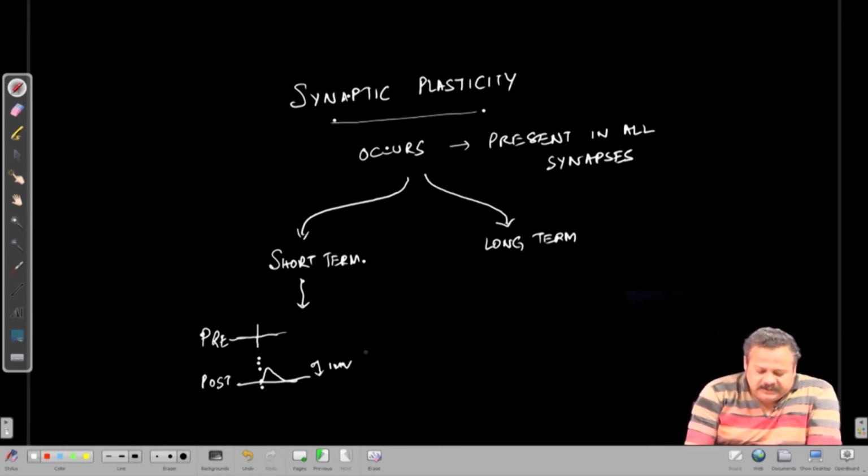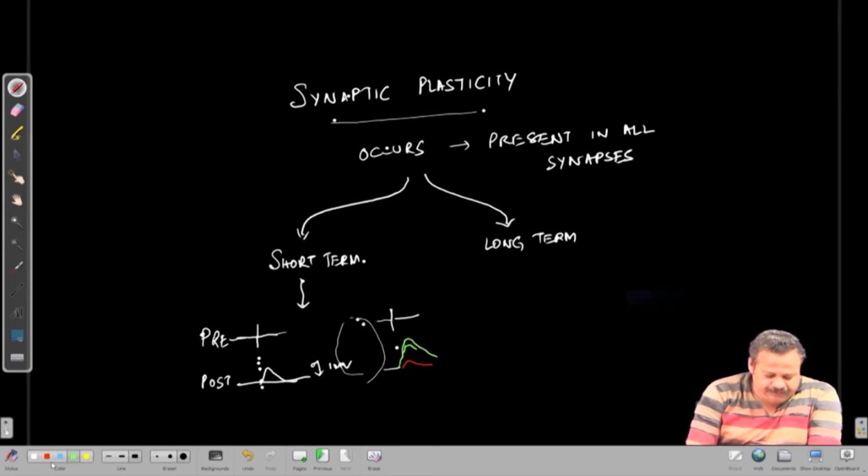Now, with some kind of manipulation, with the same spike on the presynaptic side, we may get either a decrease in synaptic strength, or maybe an increase over the previous size, where the previous size was like this.